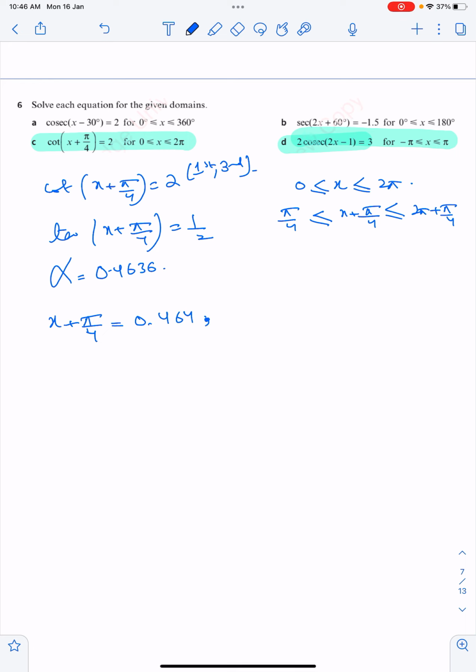For the third quadrant, it will be 0.464 plus pi, which is 3.605.